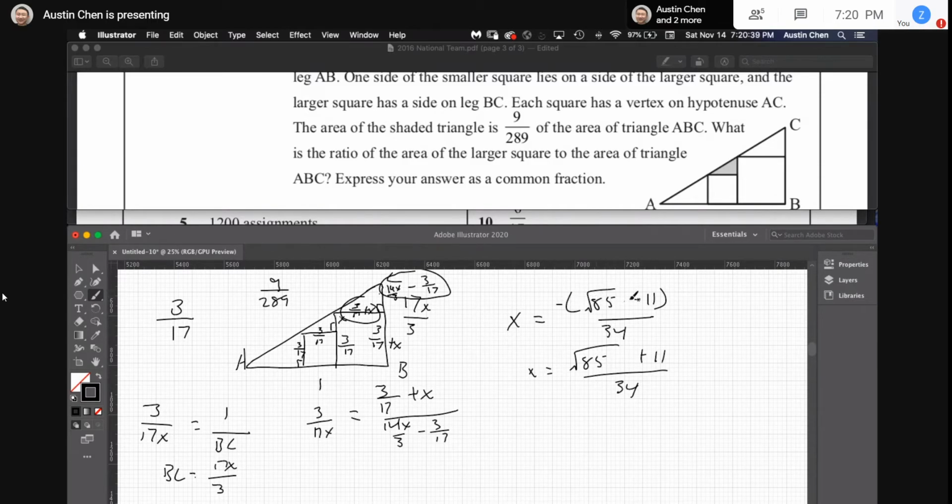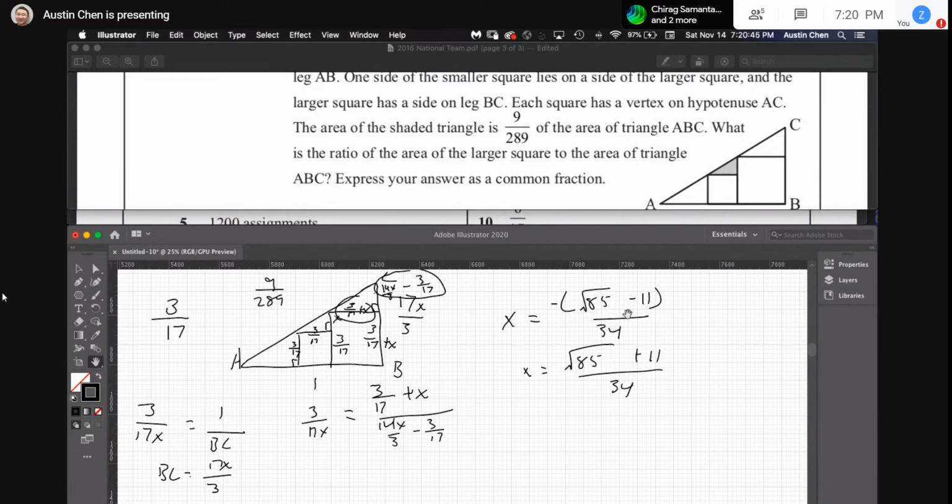So why do we have two positive values of x here? Well, in our figure, this smaller square we can actually put in two different spots. We can put it here, but we can also put it there. Those two cases are both perfectly fine, and they're different as well.